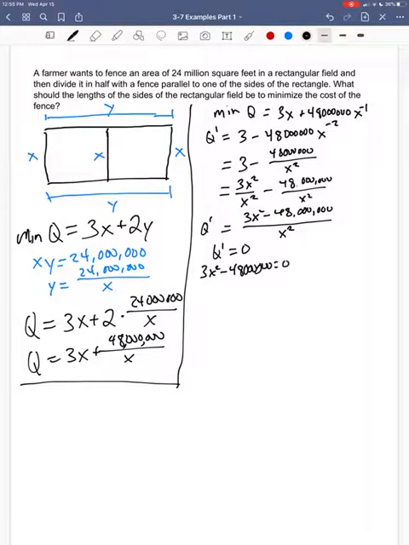So I'd add 48 million to both sides, and then divide by 3. And then I'd take the square root.